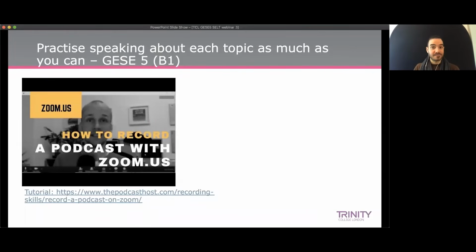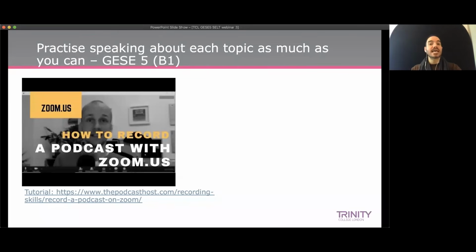If you have someone else that also prepares for the exam, now you may not be able to meet this other person because of the restrictions, but you can use Zoom, what we are using now.